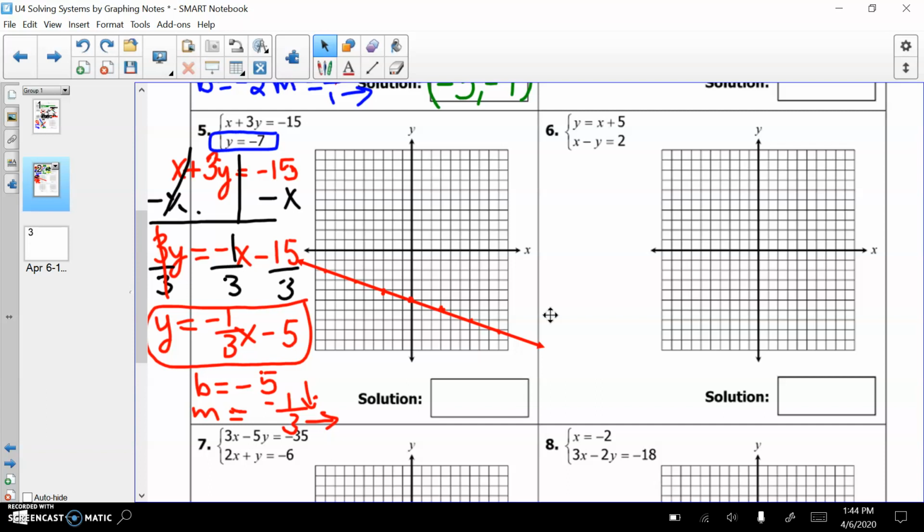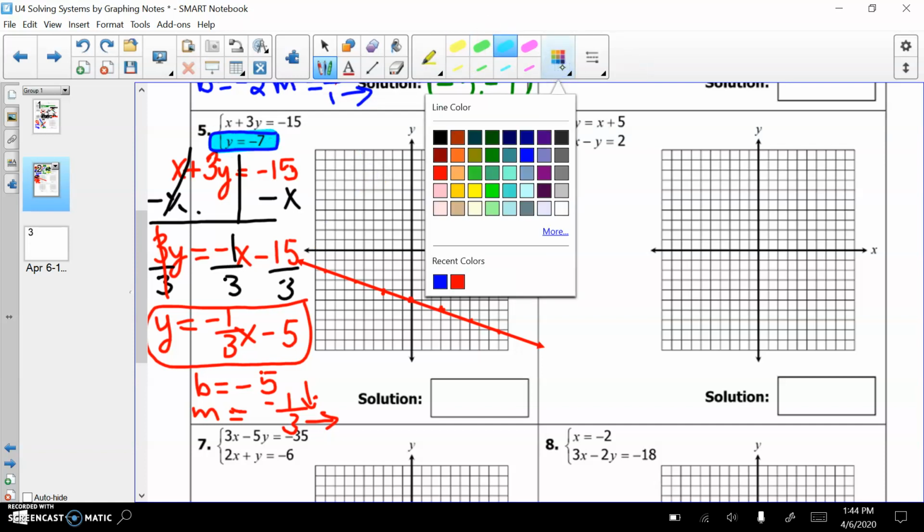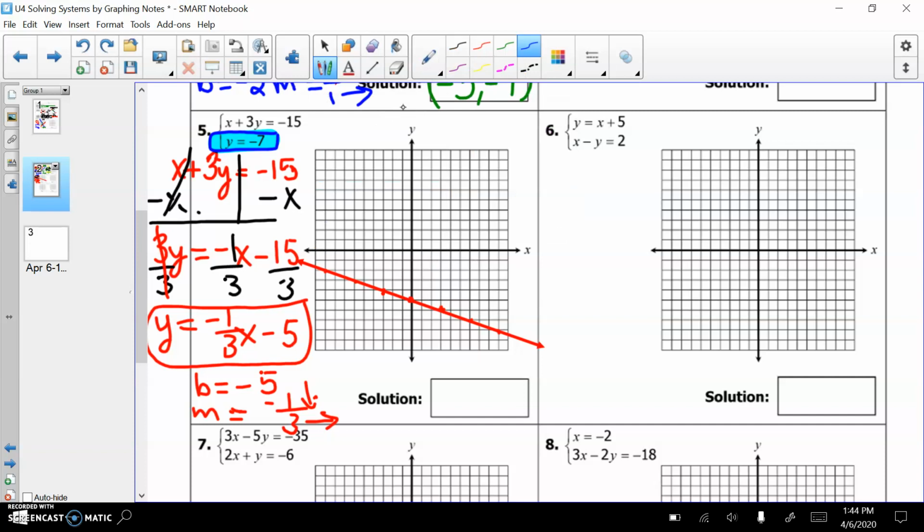Okay, so looking at this blue one though, this is one of those special case ones again. So with this one here, y equals negative 7. Okay, think about it. There's not an x in there, so it's not in y equals mx plus b form. So this is one of those special cases that we were talking about. So since it's y equals, we're going to look at the y-axis, remember.